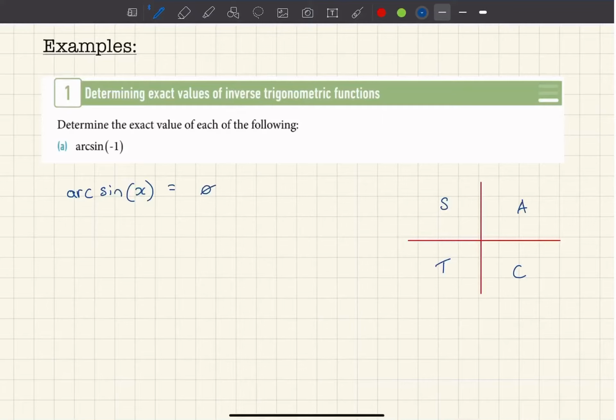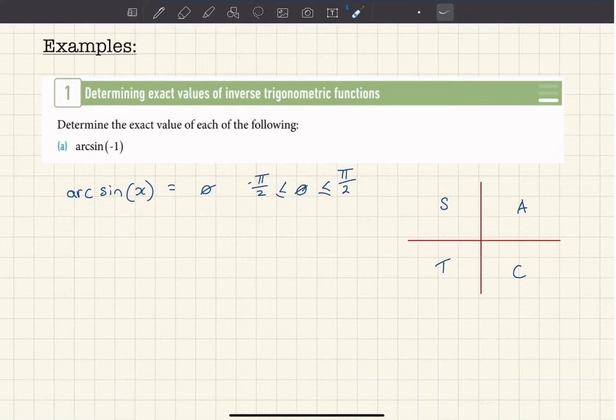Okay, so we're looking for an angle here, and that theta is going to be between -pi/2 and pi/2. That is our definition, and this is our domain for the inverse function of sine, or arc sine.